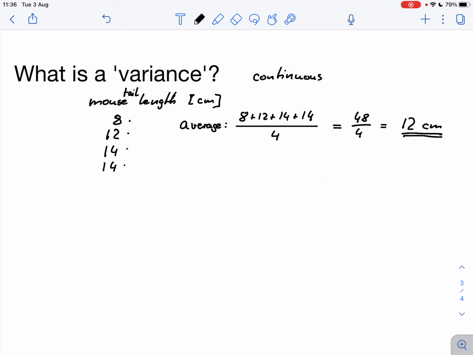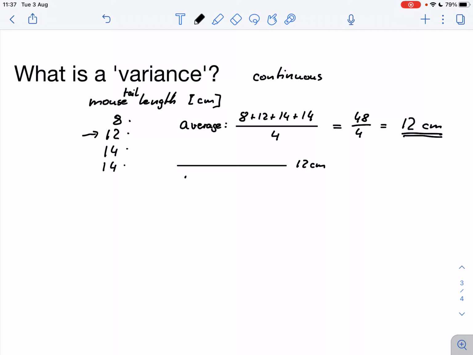But we see that only 1 out of our 4 mice actually has exactly the average. So we have a spread in here, and we want to give an idea of how big this spread actually is. So what can we do? How can we visualize that in the first place? Let's say here is our average line, that's 12 centimeters.